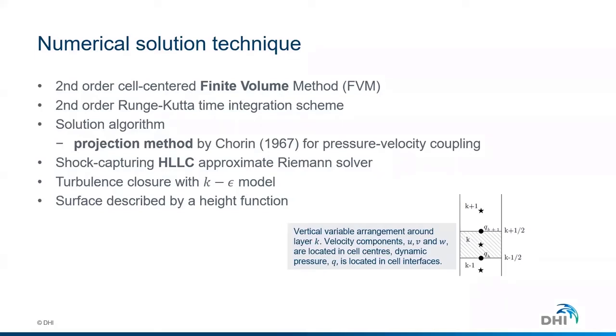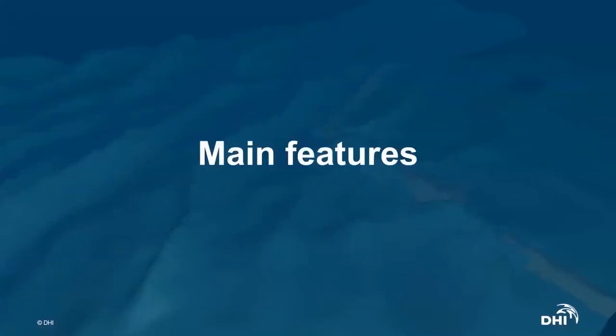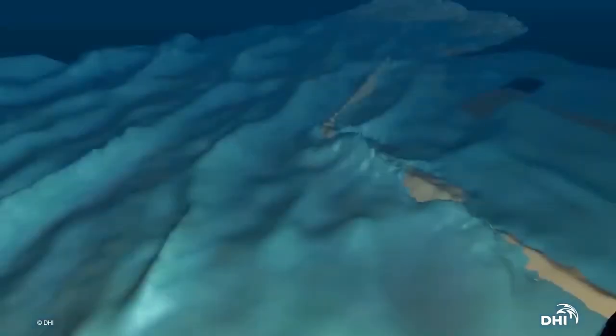In those places, we only solve the momentum equations and disregard some of the continuity when we have cells that are very, very thin, meaning we have a very thin layer of fluid. So that's a bit about the numerical solution technique. Then let's go into some of the main features.